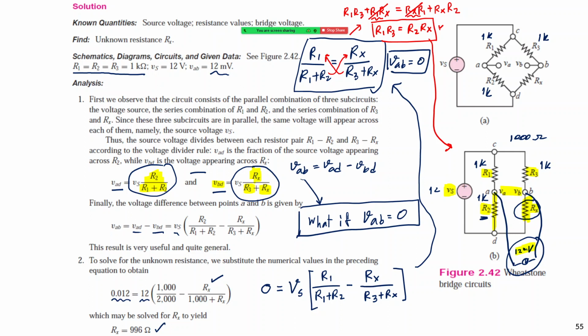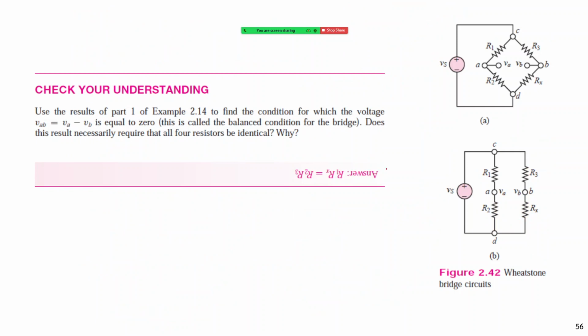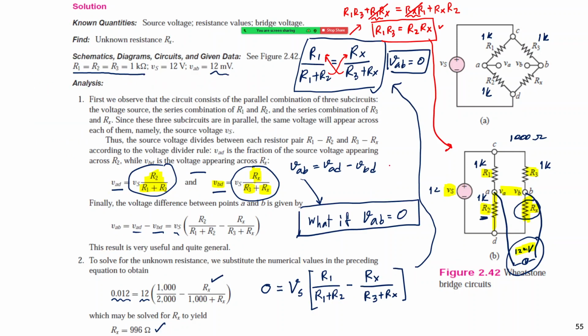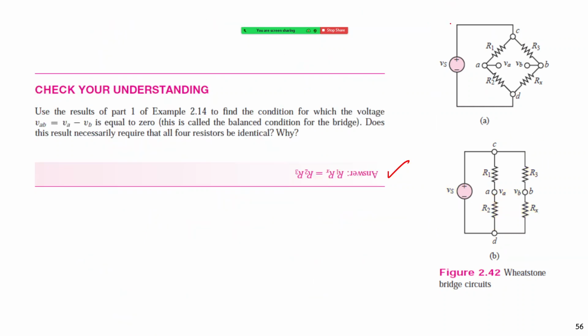So in a measurement circuit, sometimes we have this kind of circuit. When we have Rx, we have VAB.